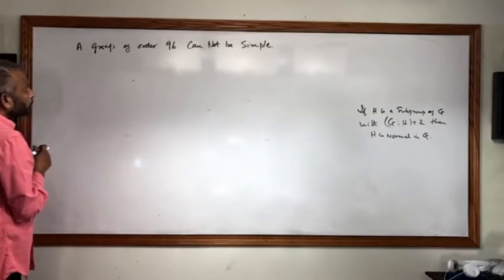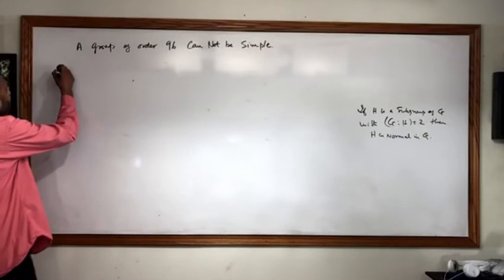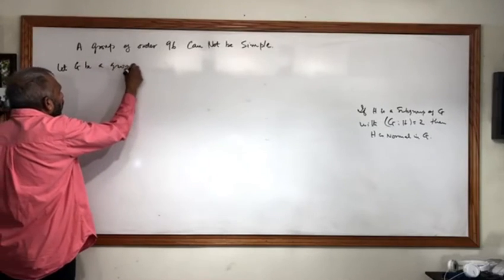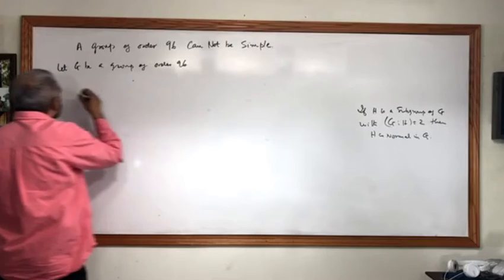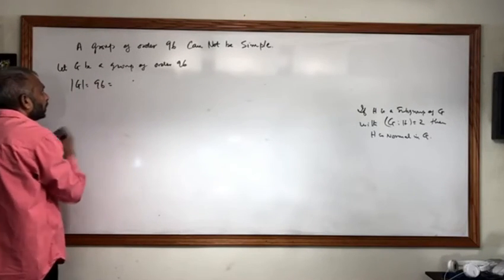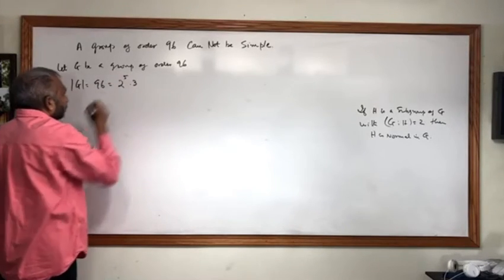So let G be a group of order 96. So the order of G is 96, which is 2 to the power of 5 times 3.